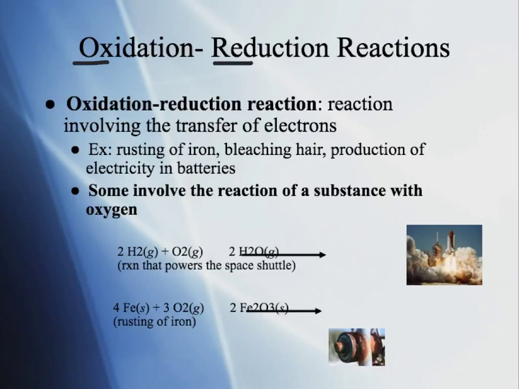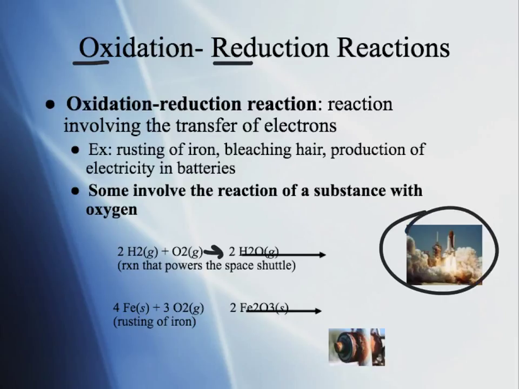Some involve the reaction of a substance with oxygen, so sometimes it's oxygen that's either gaining or losing electrons. Here we've got the reaction, combustion basically, of hydrogen gas and oxygen gas to make water in the gas vapor. This is the reaction that powers space shuttles.